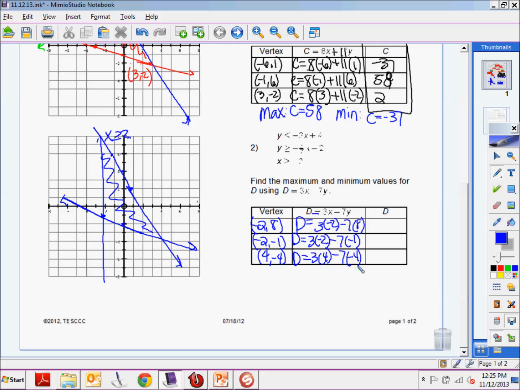So -62, 1, and 40. So what will be my max? 40. When D equals 40. And what would be my min? -62.